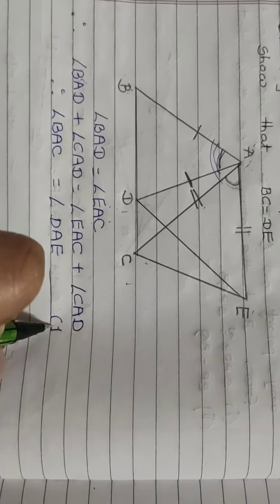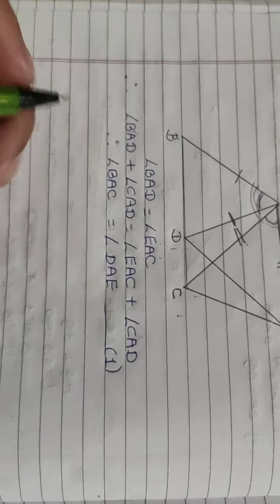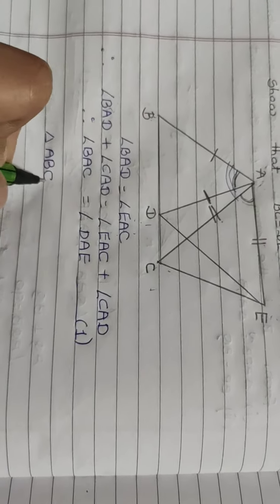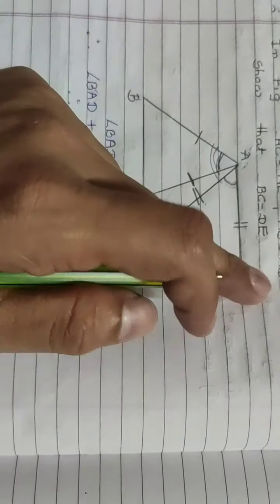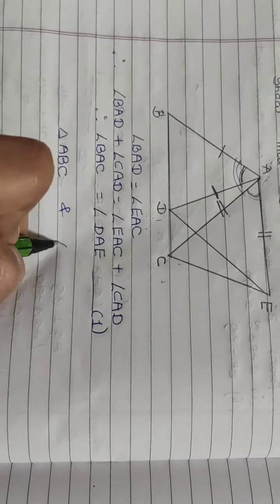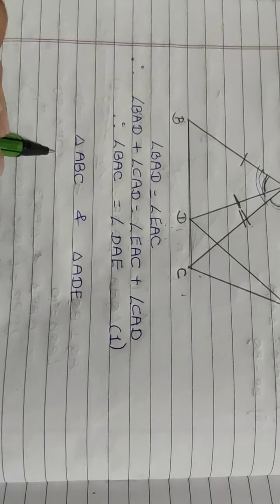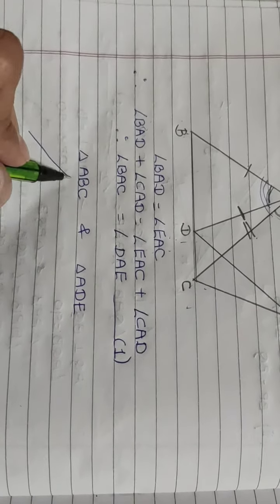We will give this as result number 1. Now we will take the triangle ABC and second one ADE. I will draw the rough figure.